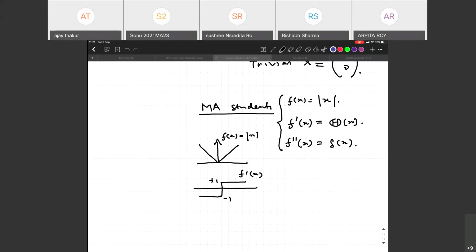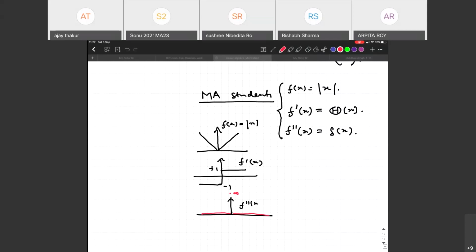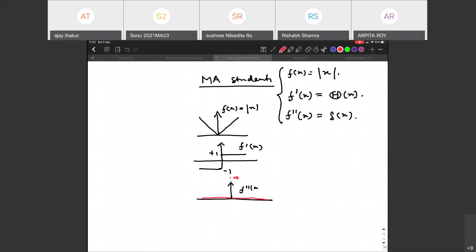When you take a yet higher derivative, it will be 0 everywhere, except that there would be an infinite peak at one point, at x equals 0. So by a simple argument from plotting and slopes, we were able to show that f prime of x was theta of x and f double prime of x was delta of x for the modulo function.